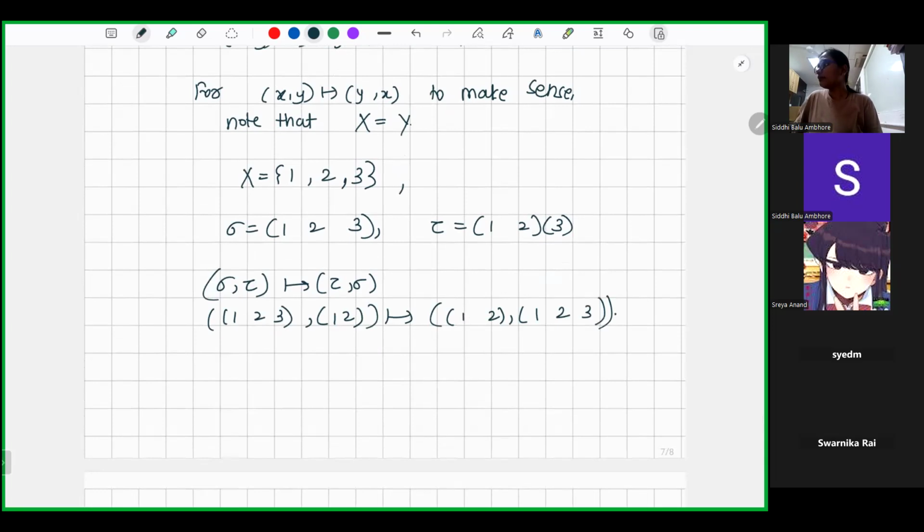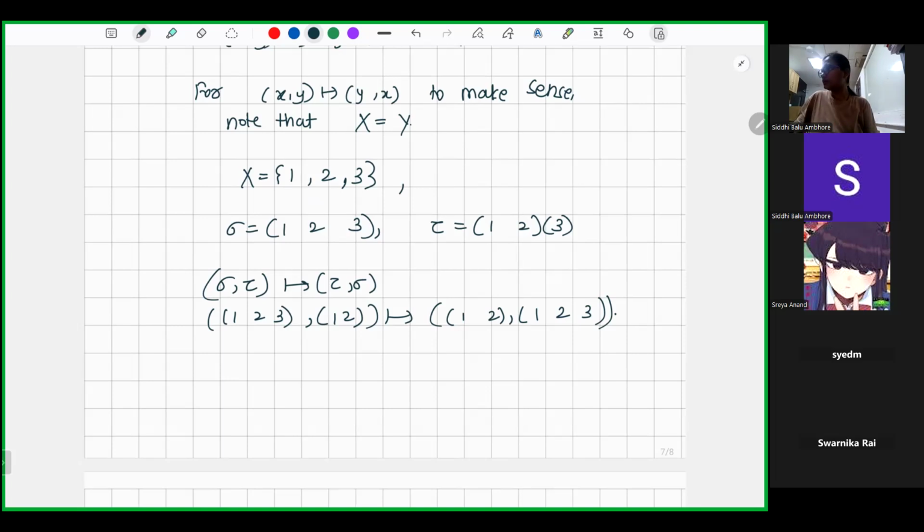That's what it means. And we have to now calculate the signature of this permutation. Is this okay, how it looks?